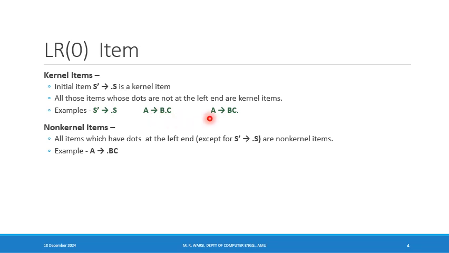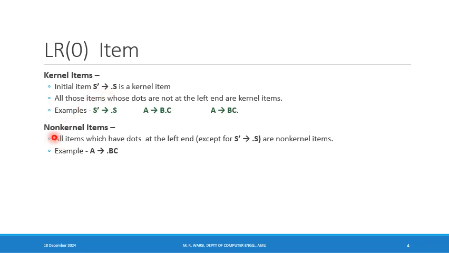Similarly, capital A derives BC dot, the dot is not at the leftmost position, so this is also a kernel item. Now the LR0 item S dash derives dot S is a special LR0 item in which the dot is at the leftmost position, but this is considered to be a kernel item.